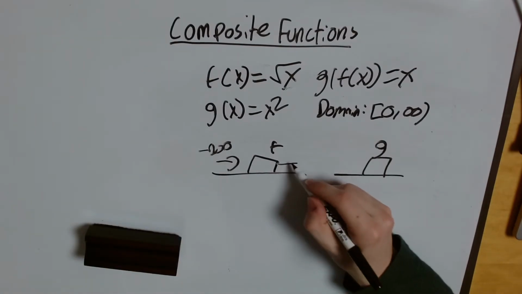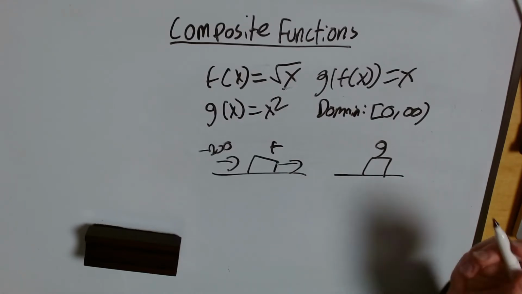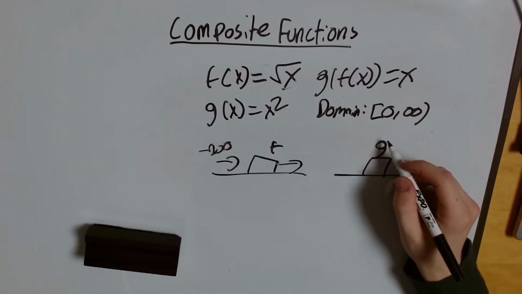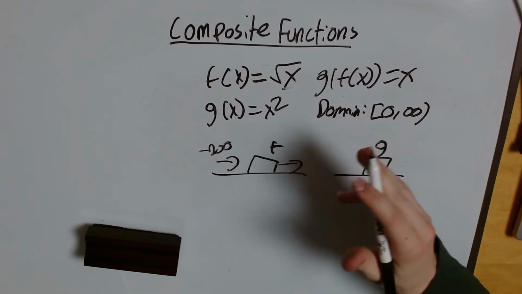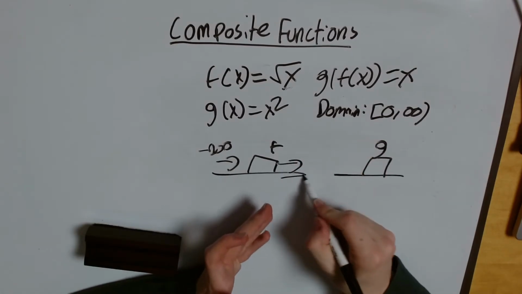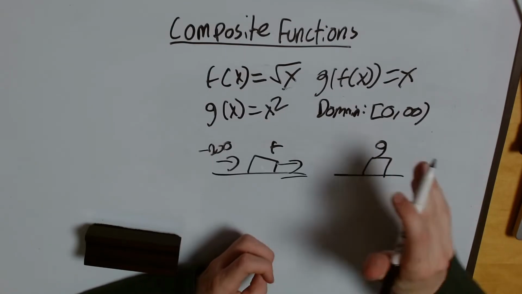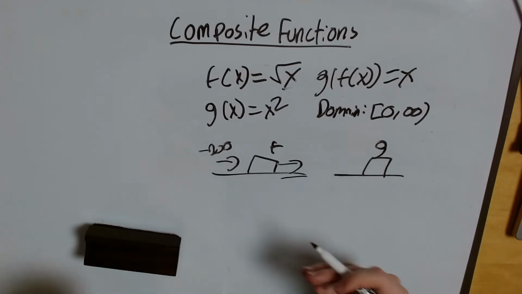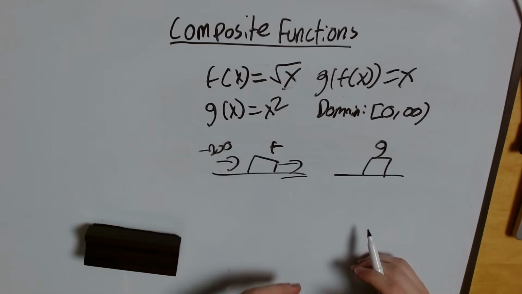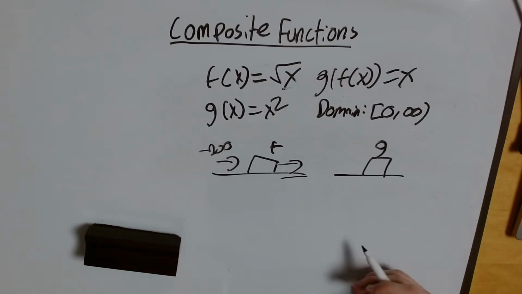It's not going to have anything to output, which means since the machine G does operations on the output of whatever F is, our machine G doesn't have anything to do. It can't do anything. It doesn't have a valid input because machine F, which feeds into it, is broke.